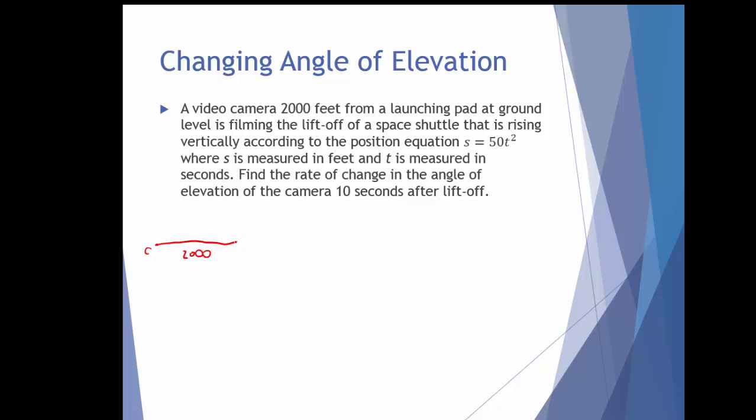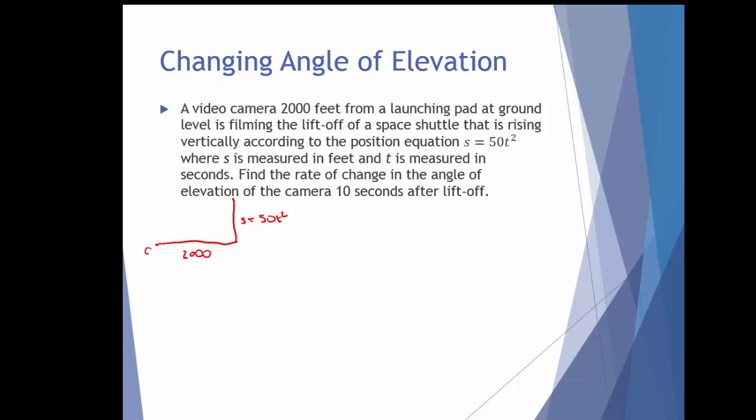So on that launching pad, the rocket then has a vertical elevation. And we know that that vertical elevation is changing according to the equation s equals 50t squared. So the question is asking us to find the rate of change, so we will be looking for a derivative, in the angle of elevation of the camera.